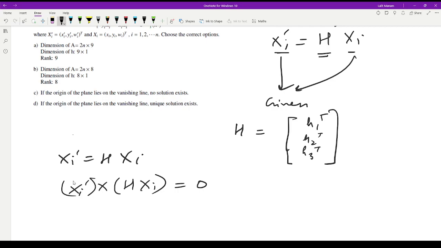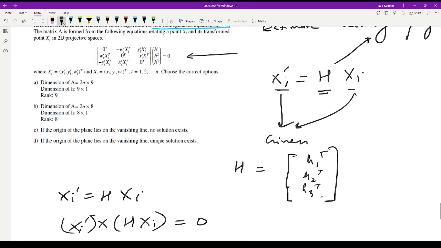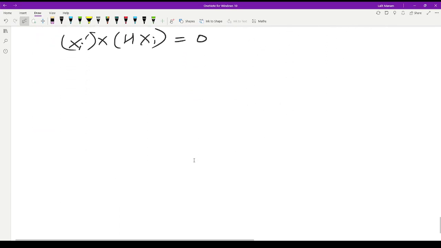Yes, sir. Okay, fine. So once you have this cross product, we can get this equation given that we have homography defined in this way, where h1, h2, h3 are the rows of the homography matrix. So given this, we'll get this matrix. I will just try to write it: 0 transpose, wi xi transpose.